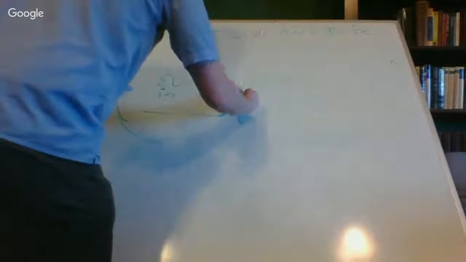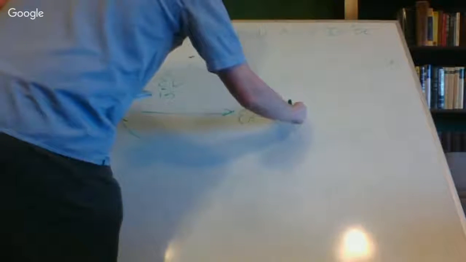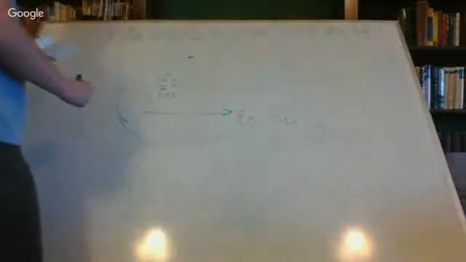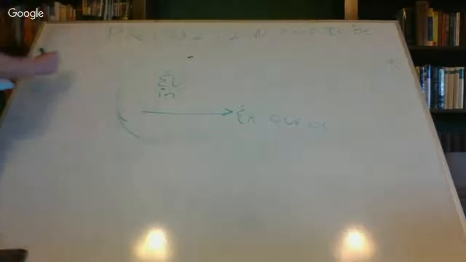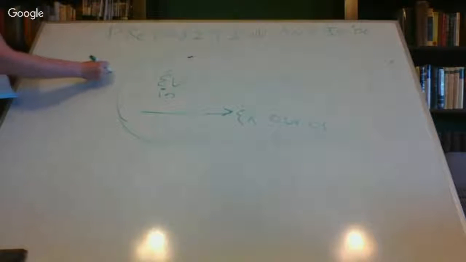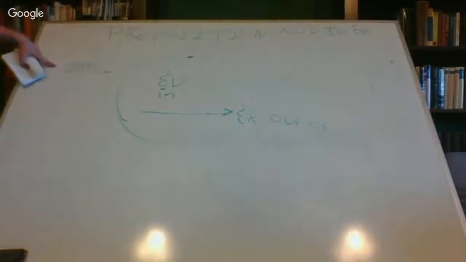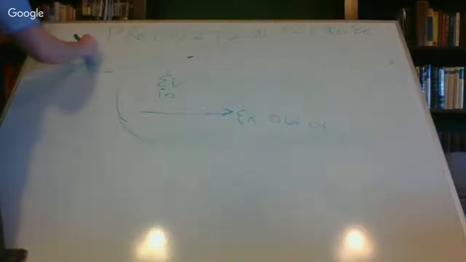Out of the circle. Out of, yep. And I'll just write out of. This preposition, we're to, towards, yeah. Towards. We'll just write towards.